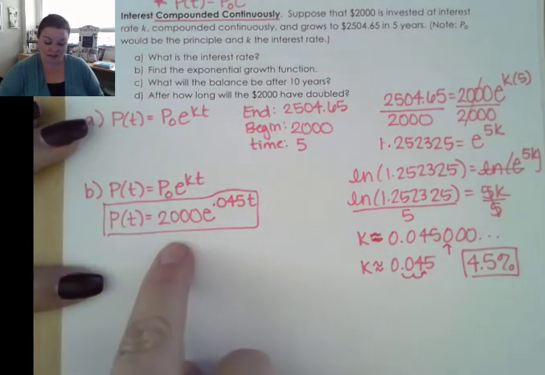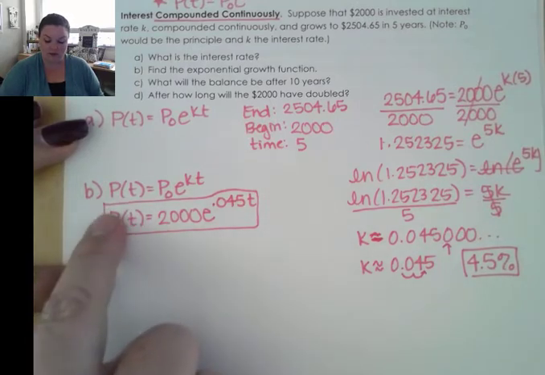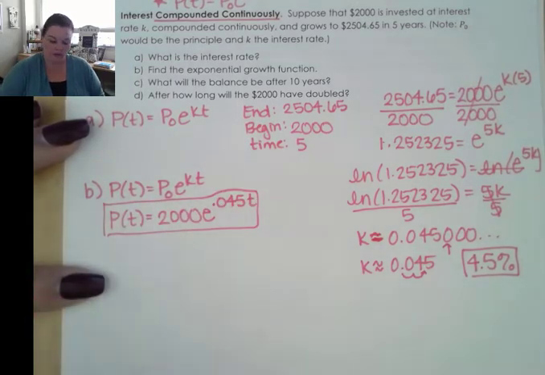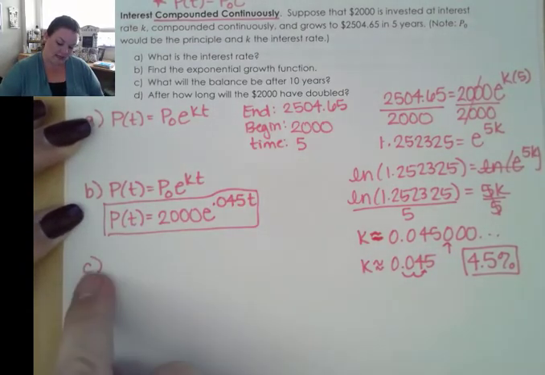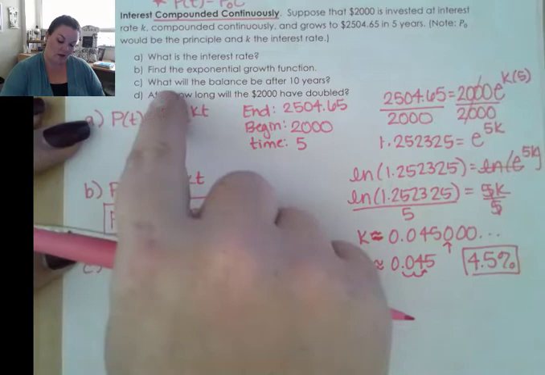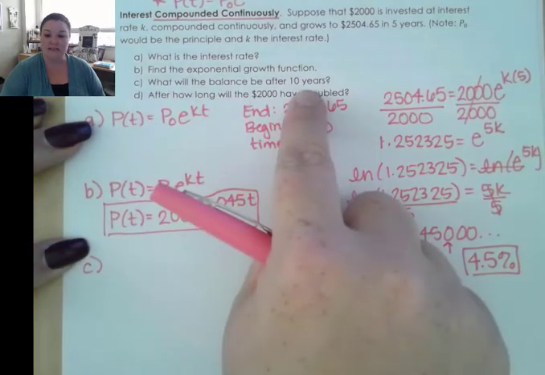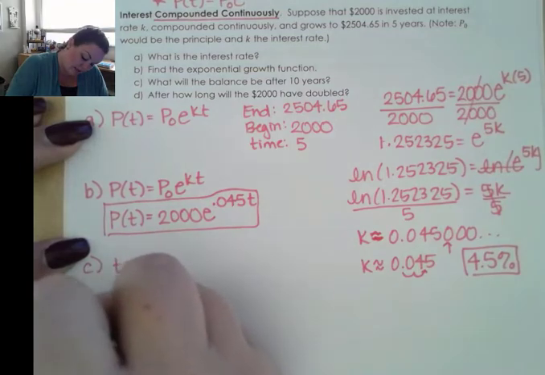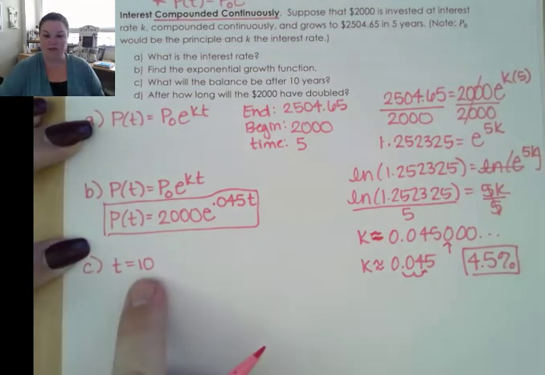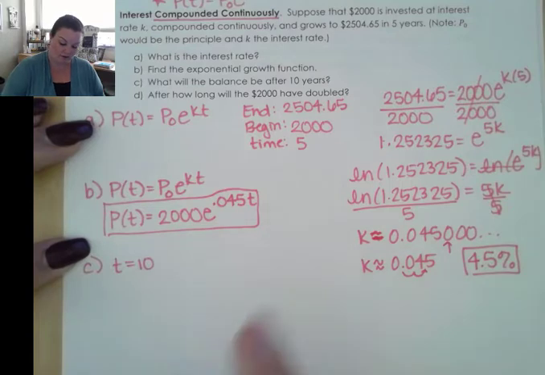And once we have our function, now we can either set it equal to something or we can plug in a time. So let's see what part C wants us to do. For part C, it wants us to evaluate what will the balance be after 10 years. So they're giving us 10 years, so that means t equals 10. So we're just plugging in 10 for t in our function.